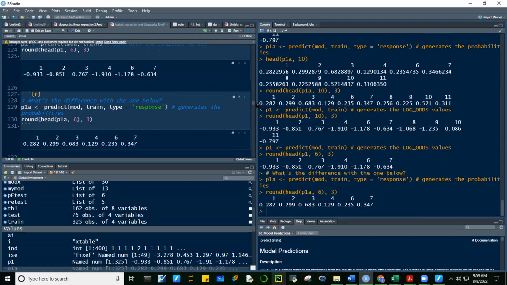Okay. And then tell me, guys, what's the difference between yung isa, yung predict mod data is equal to train, and then yung pangalawa na may dinagay tayo type is equal to response? What's the difference? Anyone, guys? What's the difference between the two? Yung negative 9.33 at saka 0.282.